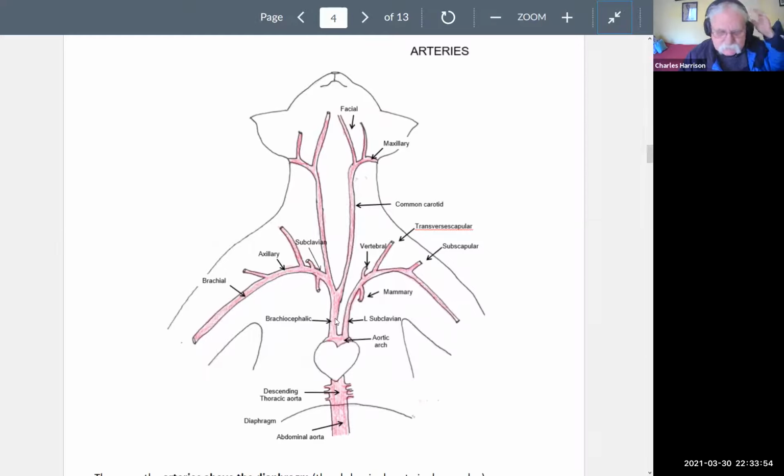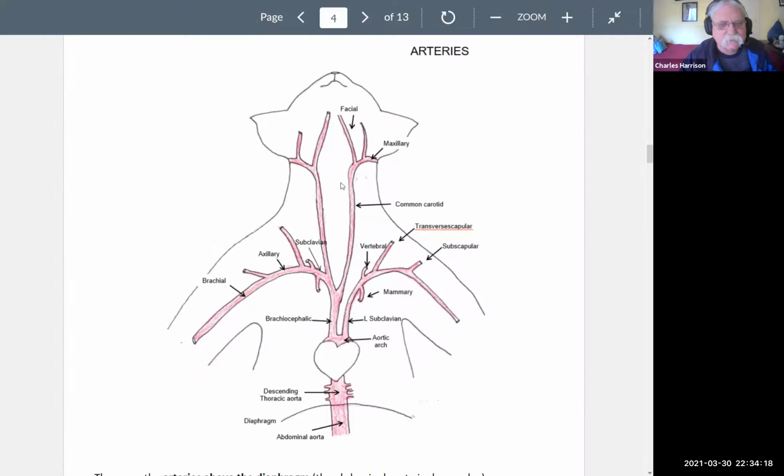There is only one brachiocephalic. We saw two brachiocephalic veins. The brachiocephalic comes up, and then it splits here and here. And these two vessels are the common carotids on either side.